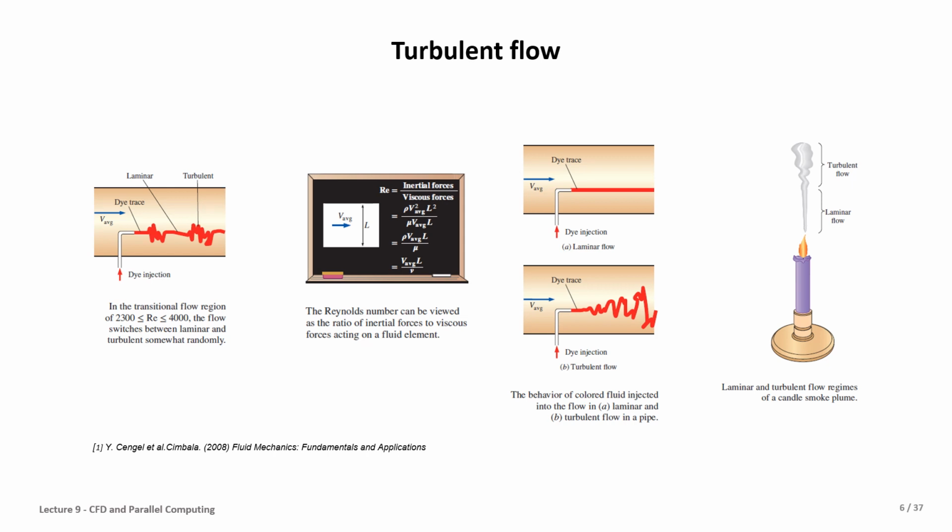And also you see again a different presentation when it's only laminar flow and when it's only turbulent flow. Another example is the candle smoke plume. When we look at it, you see one part has a laminar behavior and the other part has a turbulent behavior.